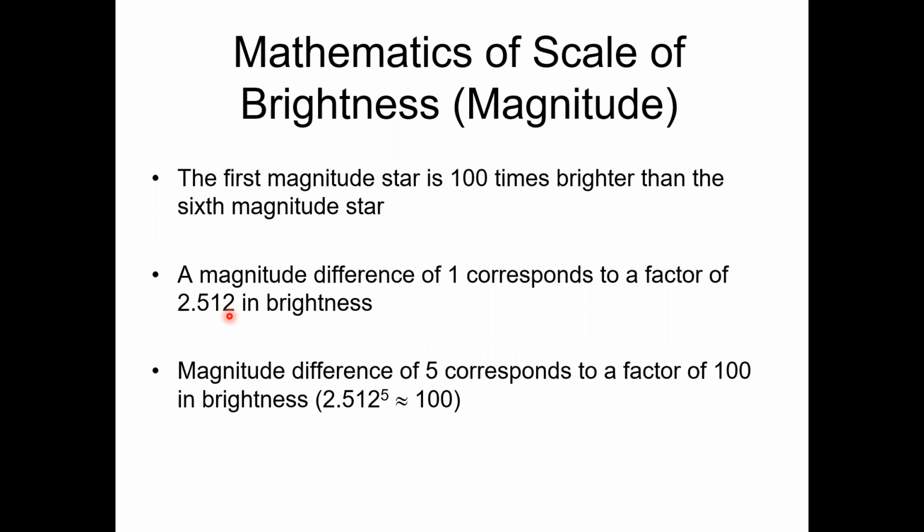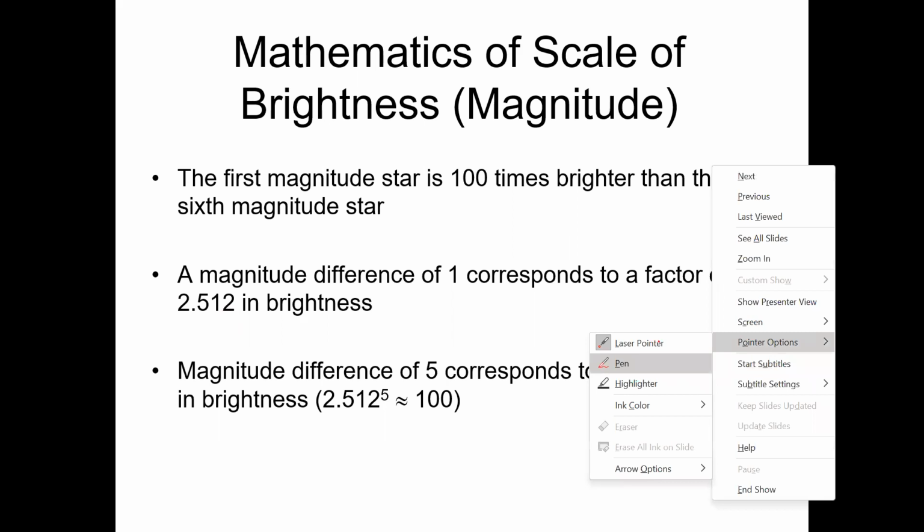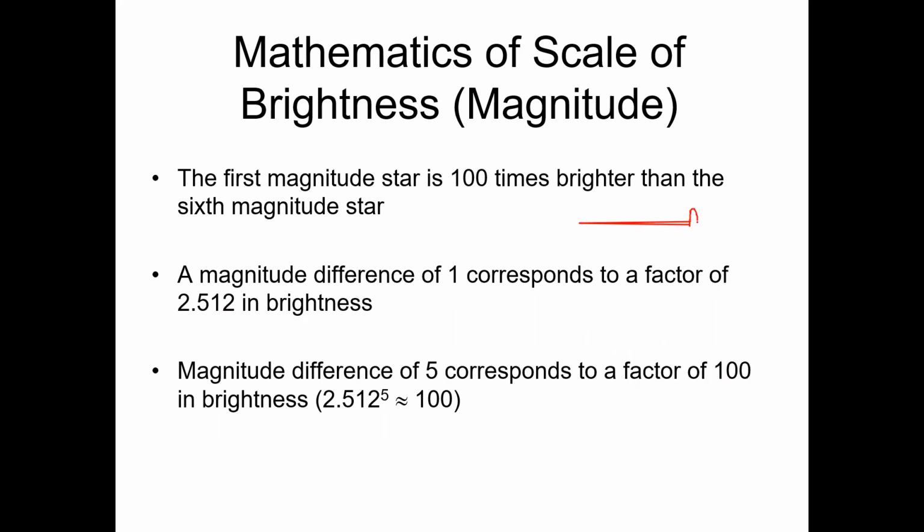B. This is kind of confusing, so I want to write it like A and B. Let's say the brightness of A is X, and the brightness of B is 2.5 times X. So this is what I'm trying to say: B is 2.5 times brighter than A.